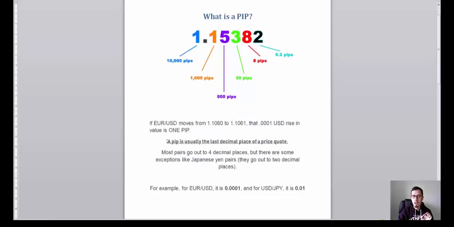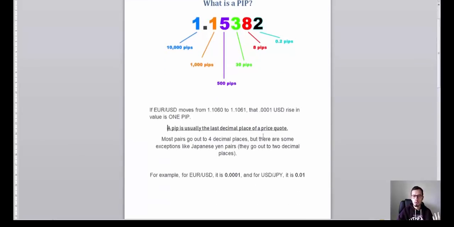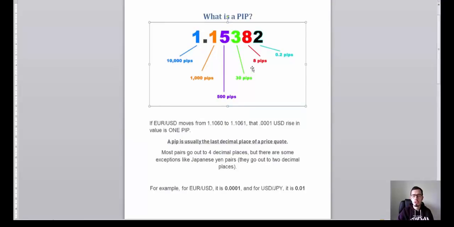A PIP usually is the decimal place of a price quote. Well, this is from the book, that's how the book explains it. But so that you don't get confused, the fourth digit is your PIP.